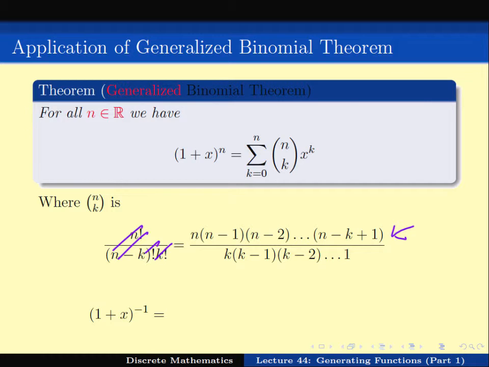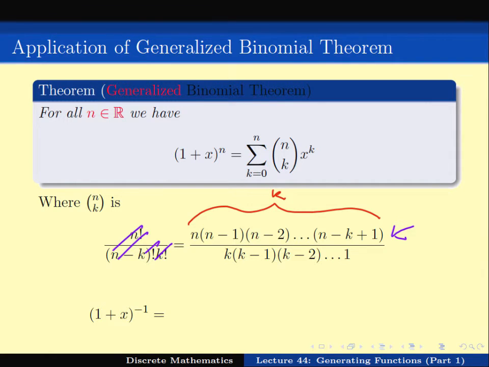So this will be k equals to 0. If k equals to 0, then what is n choose k? So the n choose k is, how many terms are there? There will be k of them.